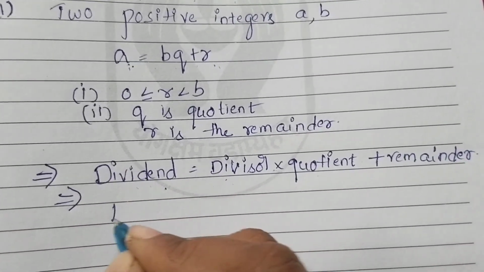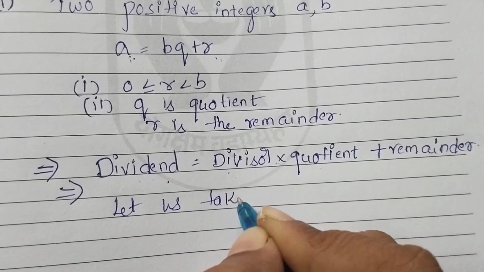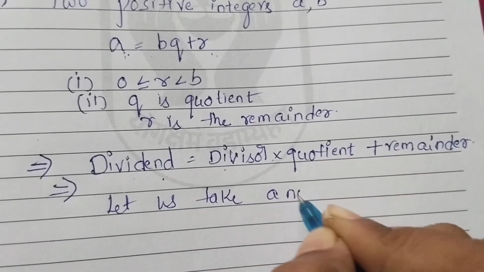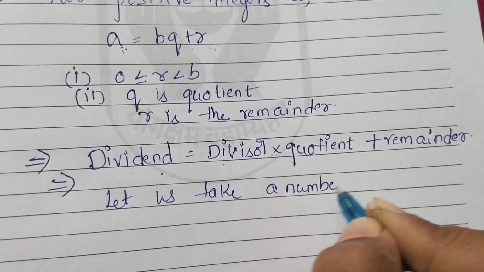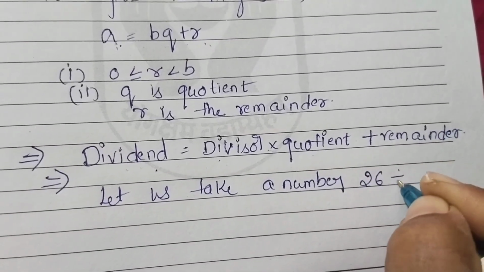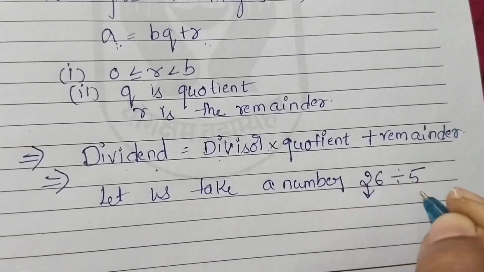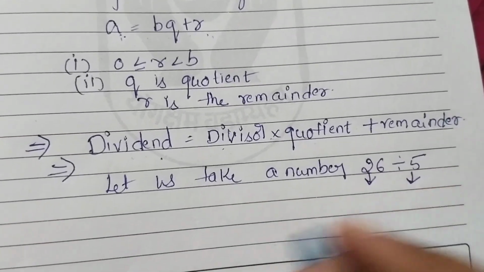Let us take a number, 26 divided by 5, where 26 is the dividend and 5 is the divisor.